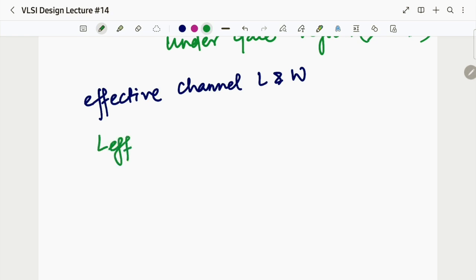Okay, so for that we have the effective channel length formula, where L effective is equal to L drawn plus X subscript L minus twice of LD.